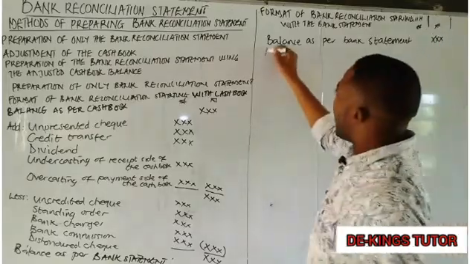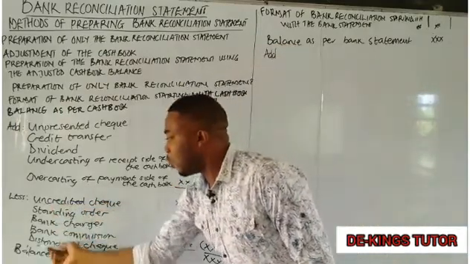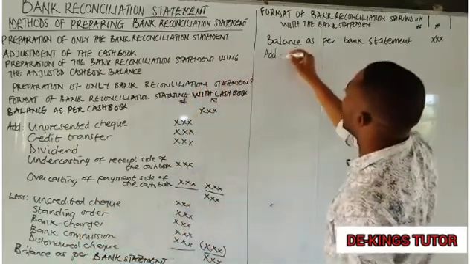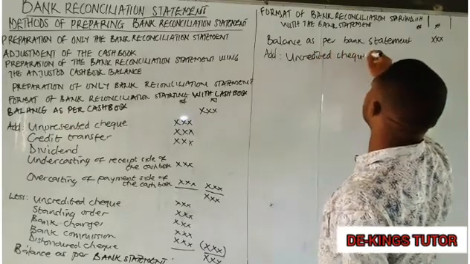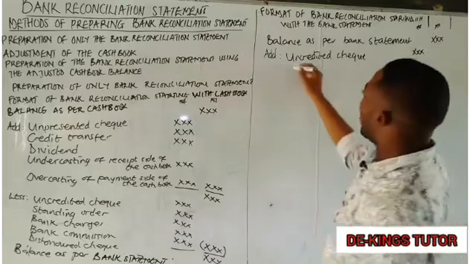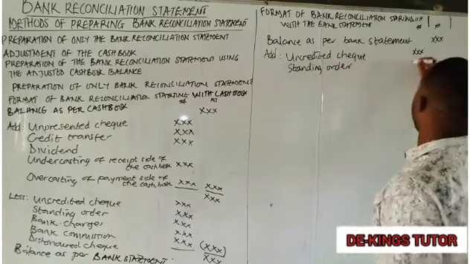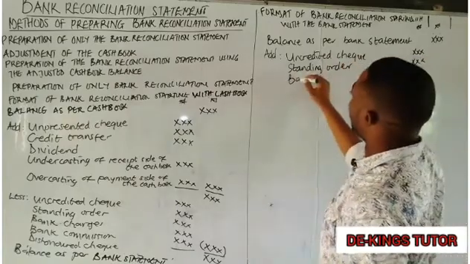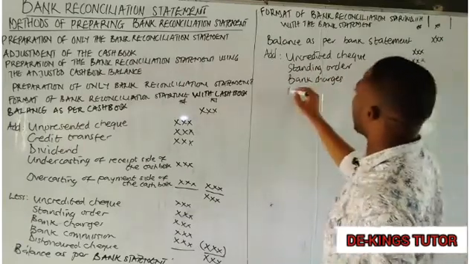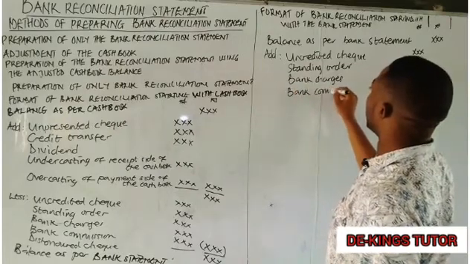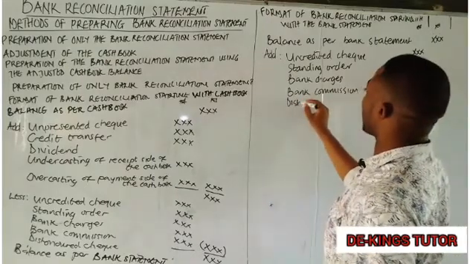Now, what are we adding? All these other ones that were previously reduced before, we'll add them to this. So we'll add uncredited check, standing order, bank charges, bank commission, dishonored check.